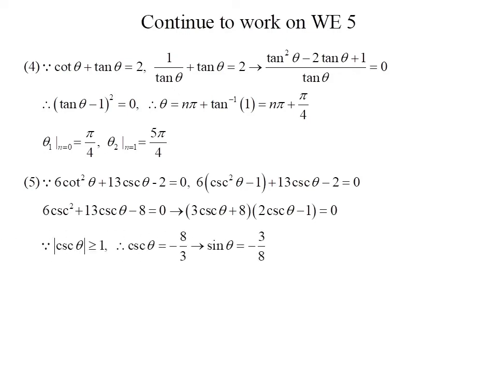Since the modulus value of cosecant theta is greater than or equal to 1, cosecant theta only equals negative 8 over 3 in this case. Hence, we obtain the expression of general solution of sine function, in which theta equals n pi plus negative 1 to the power of n plus 1, times arc sine 3 over 8.